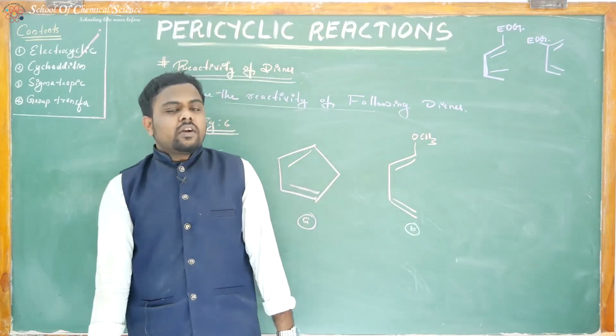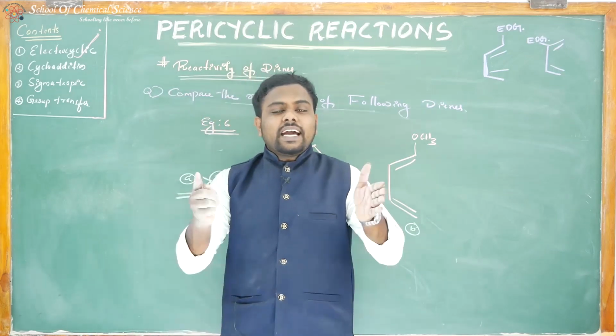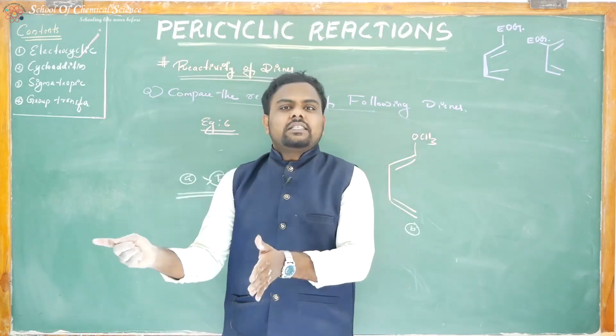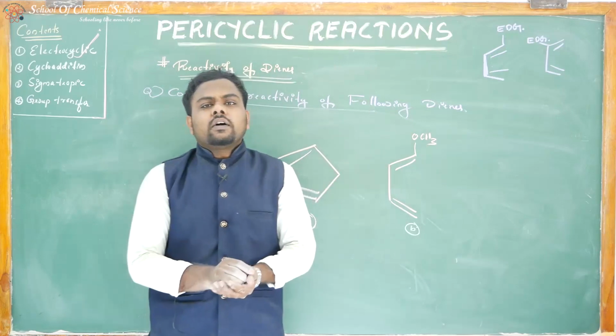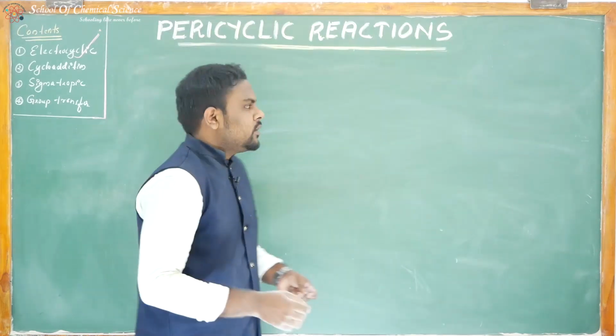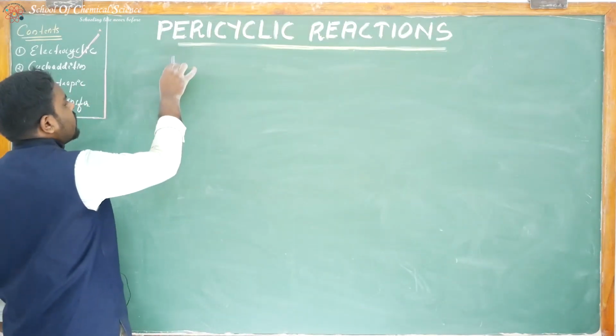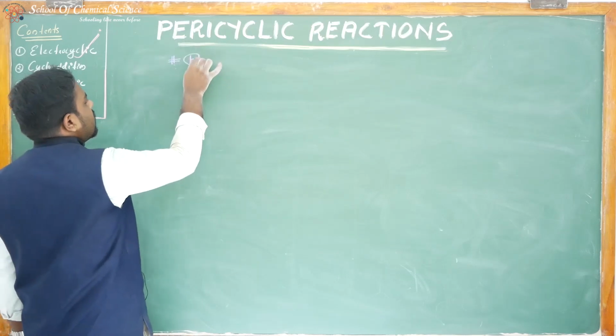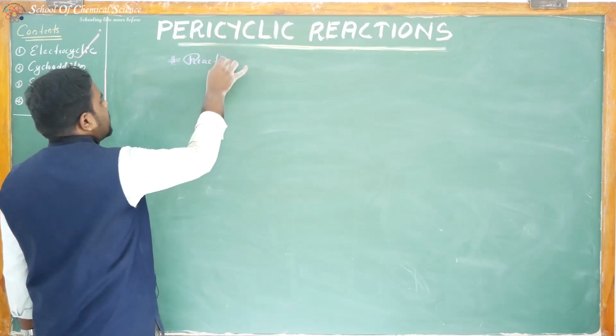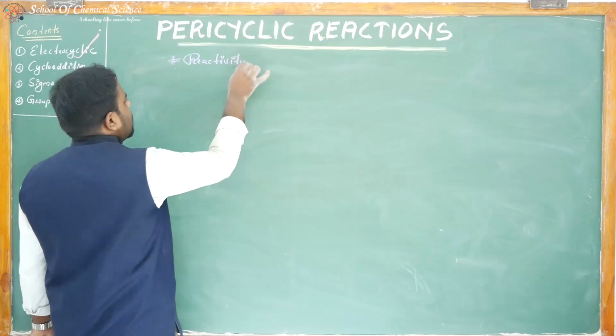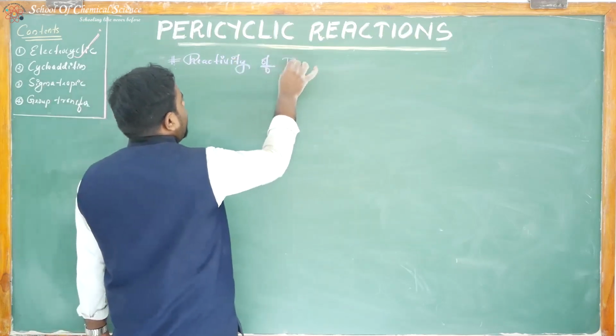Then what about the cissoid and the transoid conformation? A diene in cissoid conformation and a rigid system will be more reactive. Okay, next one, reactivity of dienophiles.